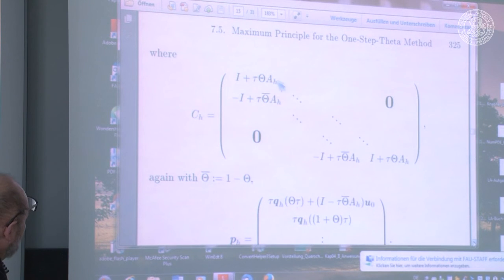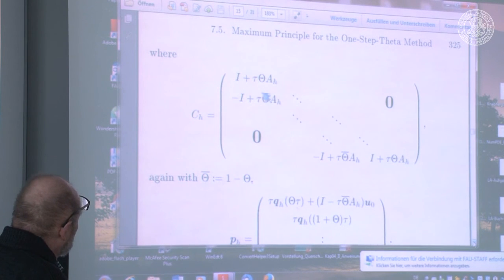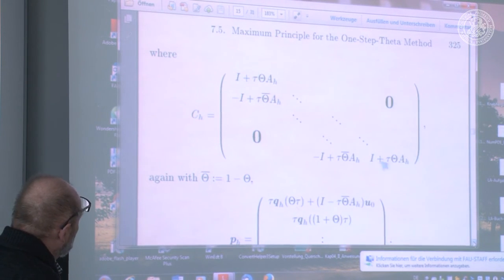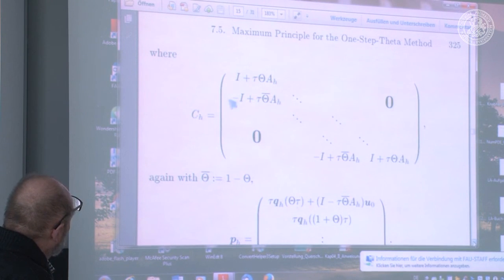And here we see again, of course, this matrix is reducible because it's already in this reduced form. And here the matrices we have are just the matrices which come from our theta method. So these are the matrices we have to invert, and this is the matrix with the corresponding sign which is multiplied with the old time level.